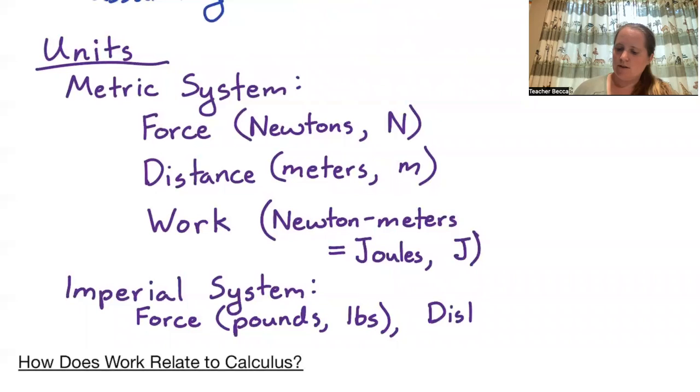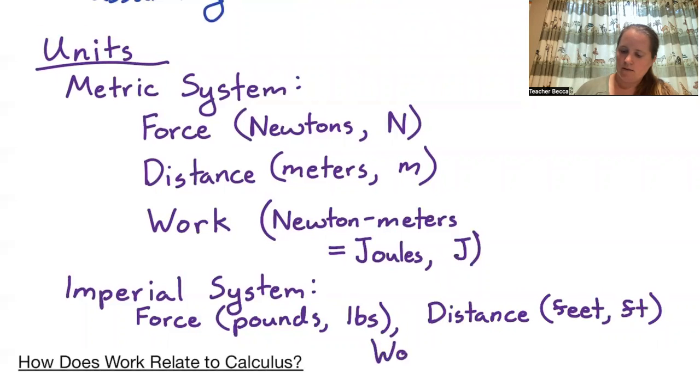Distance is measured in feet, which we denote with ft. And work is measured in foot-pounds, which we denote with ft lbs.